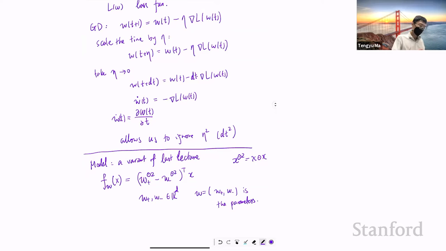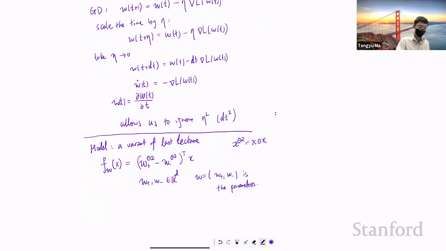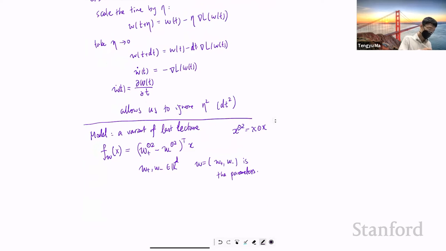Basically, this is very similar to what we did last time. Last time we had f beta of x, which is beta O dot beta, transpose x. So now you have a negative term in it instead of just positive. There are two benefits compared to last time.